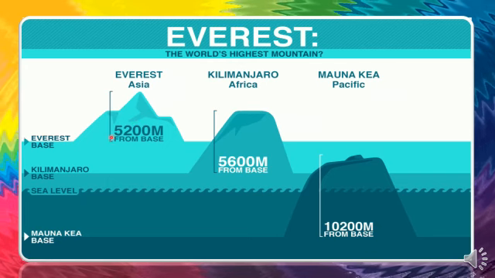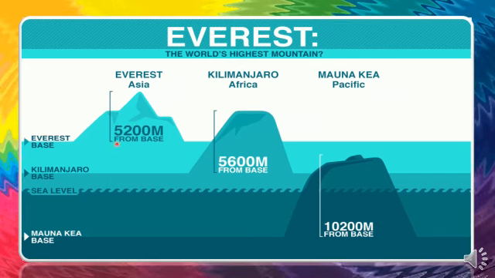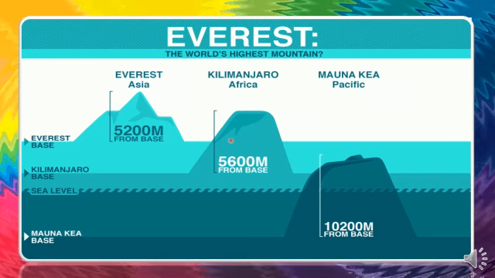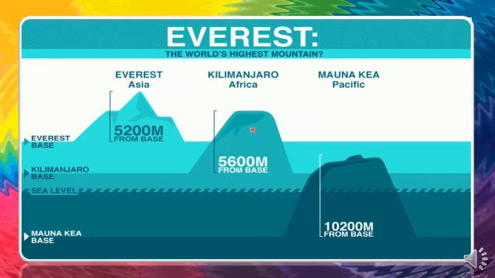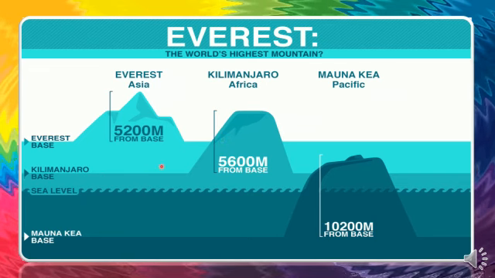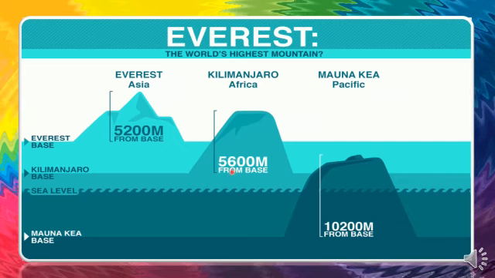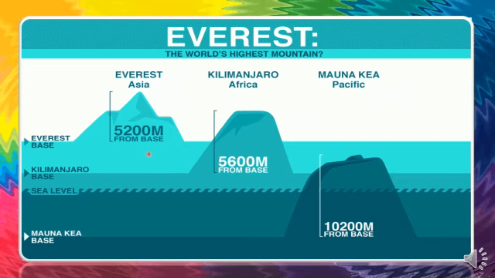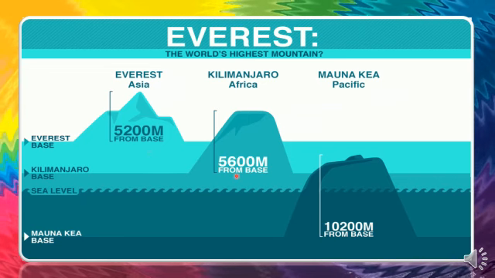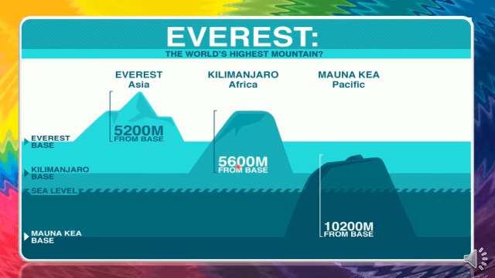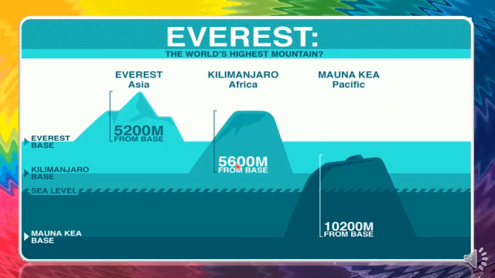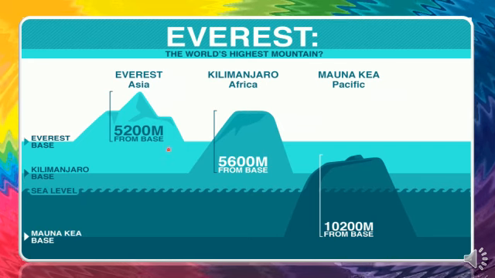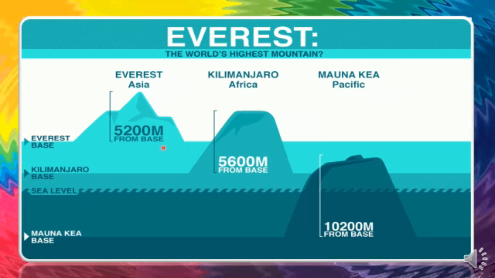When it is calculated, its height came to around 5,200 meters. Now when scientists calculated the height of Mount Kilimanjaro from the mean sea level, it came to around 5,600 meters. Now tell me, which one is more, 5,200 or 5,600? Definitely 5,600 meters is more in height. That means Mount Kilimanjaro is higher than Mount Everest.